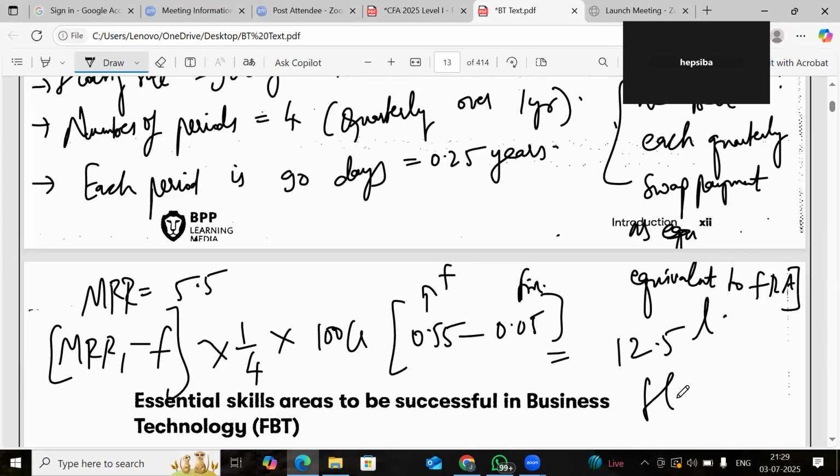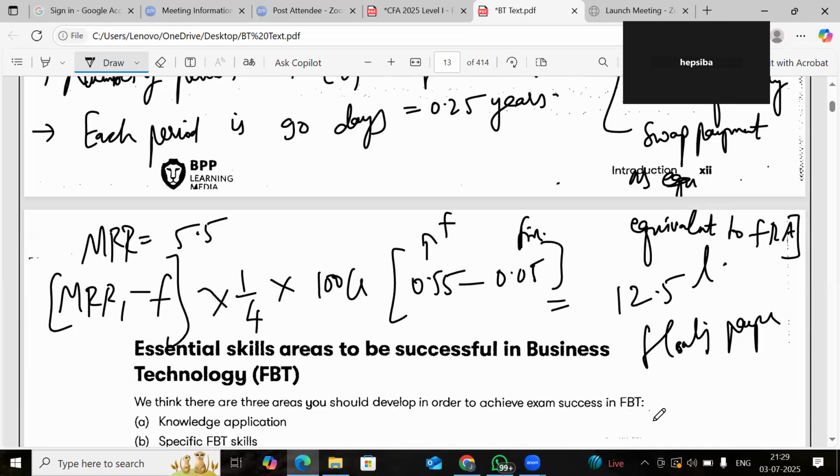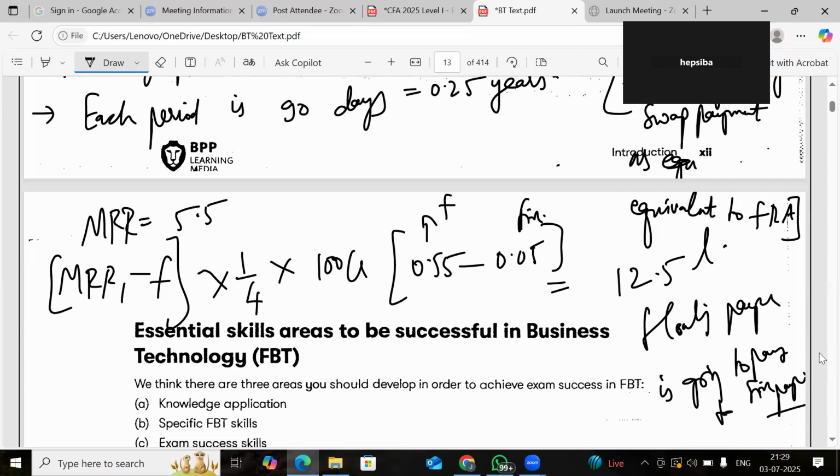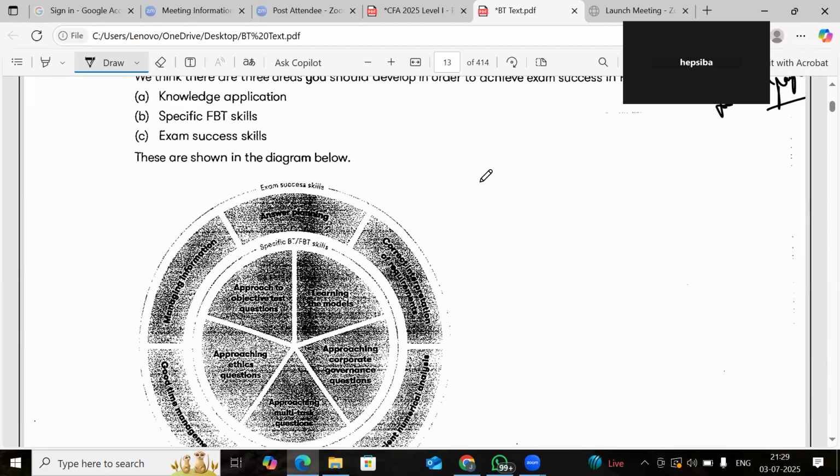Floating payer is going to pay to fixed payer, so fixed payer is going to get the benefit. In the same way, you can calculate for other quarters. MRR is 4.8 in the next quarter.